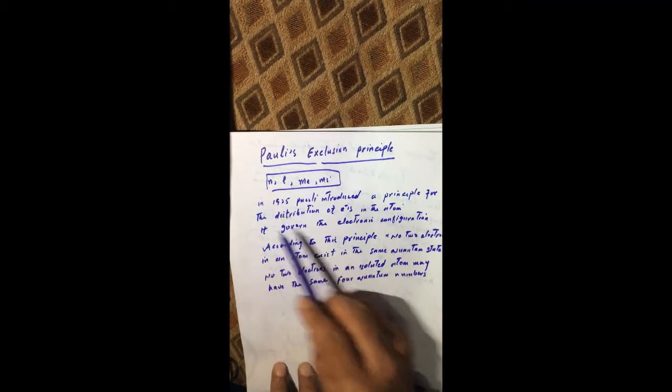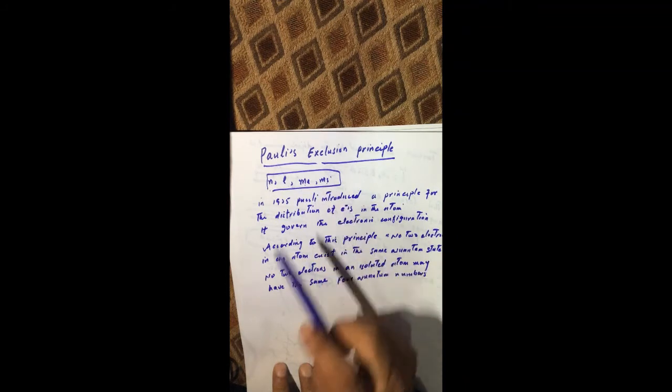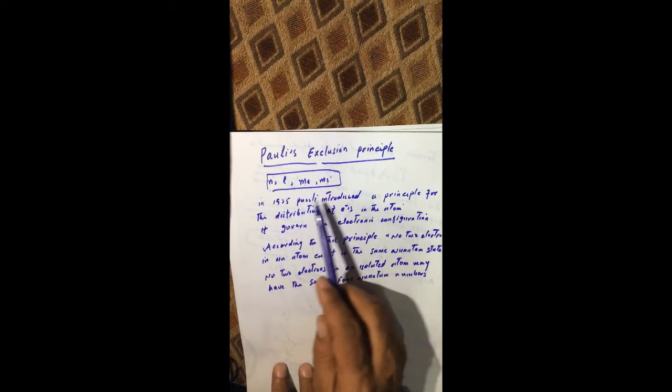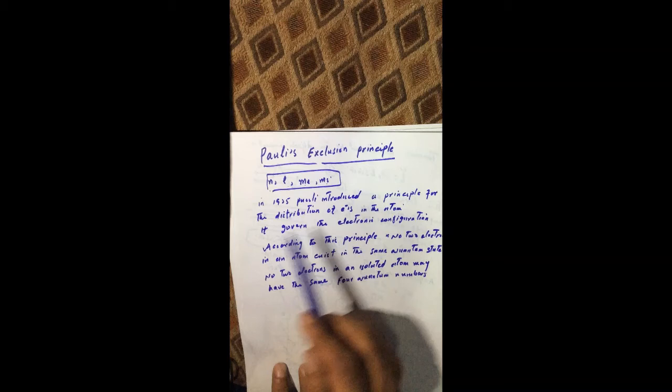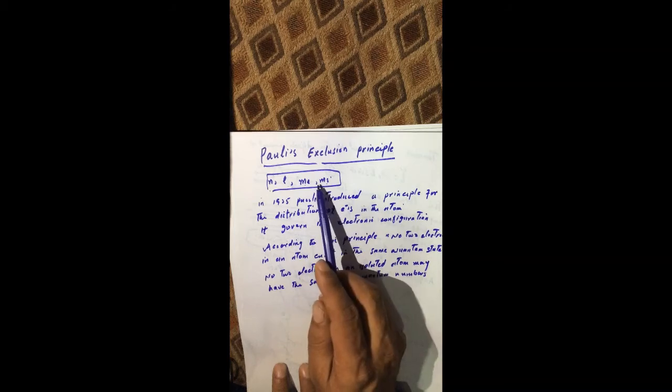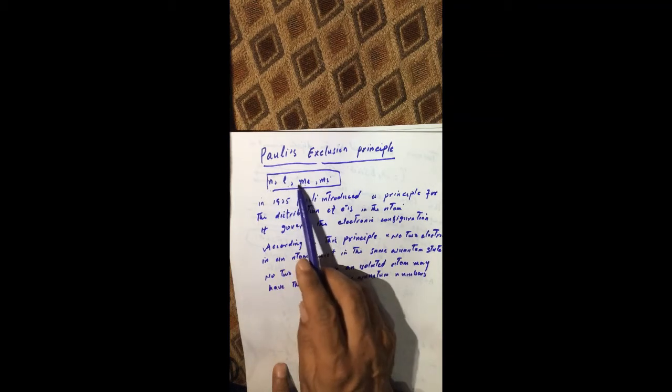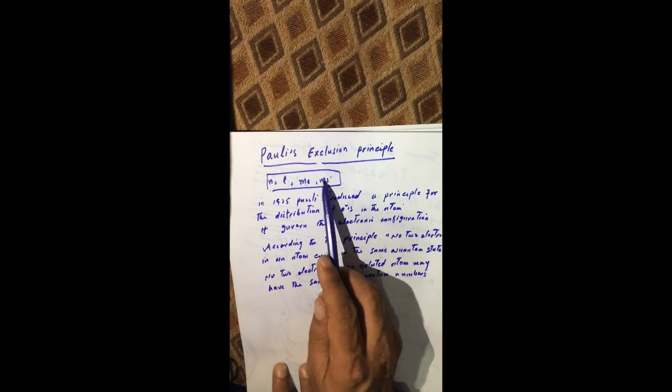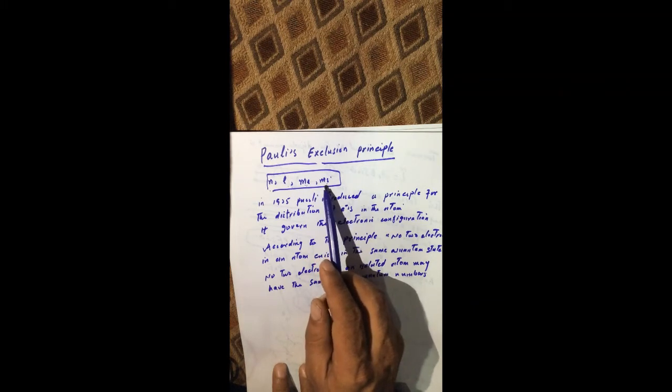We have these four quantum numbers n, l, ml, and ms. If three of them are the same, the fourth one will be different.